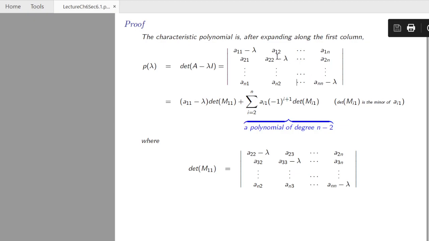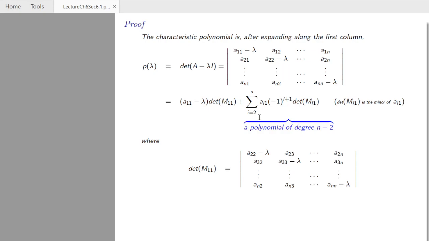We just have n minus 2 terms involving lambda. So from this we can say the determinant of M21 is a polynomial of degree n minus 2. That's n minus 2.